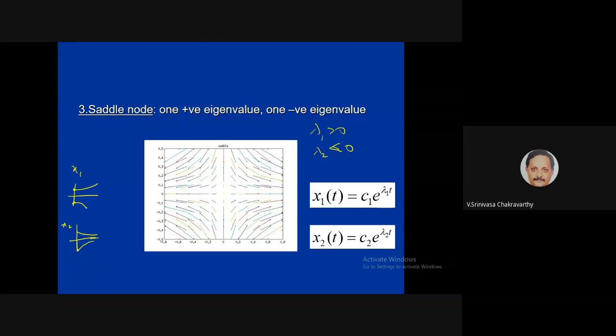So this point is called a saddle. In this case, again, it is a fixed point. If you are here, you will stay there. But if I get thrown off along the x1 axis, I go to infinity. If I get thrown off along the x2 axis, I come back to the origin. Such a point is called a saddle node.